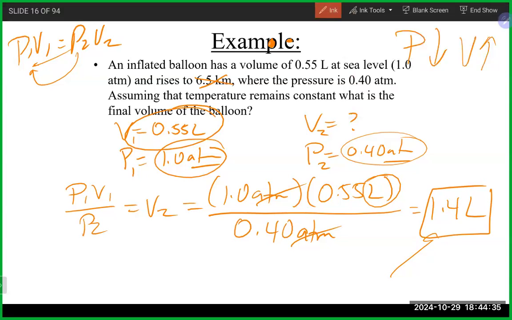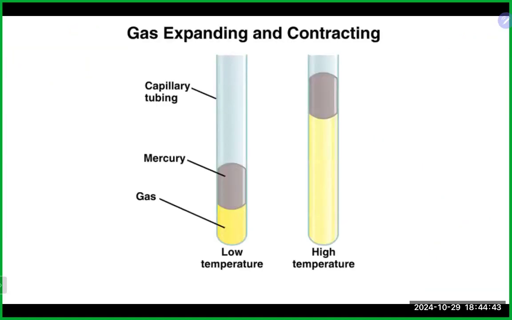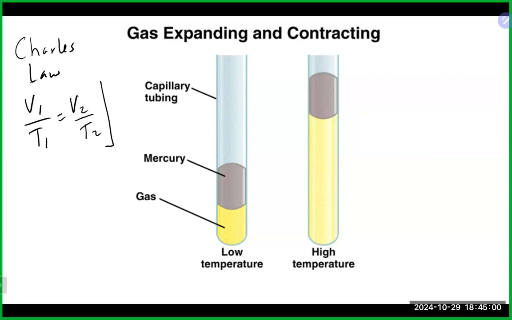All right, the next relationships we're going to talk about deal with volume and temperature, and also pressure and temperature, and see those effects. The next two relationships are Charles' law, which is V1 over T1 is equal to V2 over T2, and this is at constant pressure.